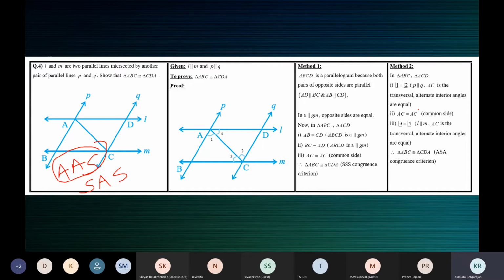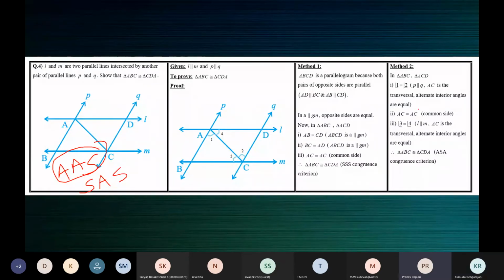Yes, Kanishka, you're absolutely right. Very good. So you've done it using the AAS congruence rule. Now try SAS. Okay, ma'am. I'm using my phone, ma'am.